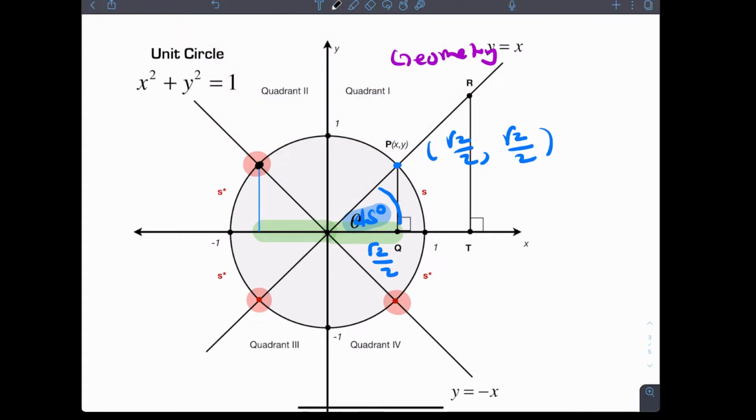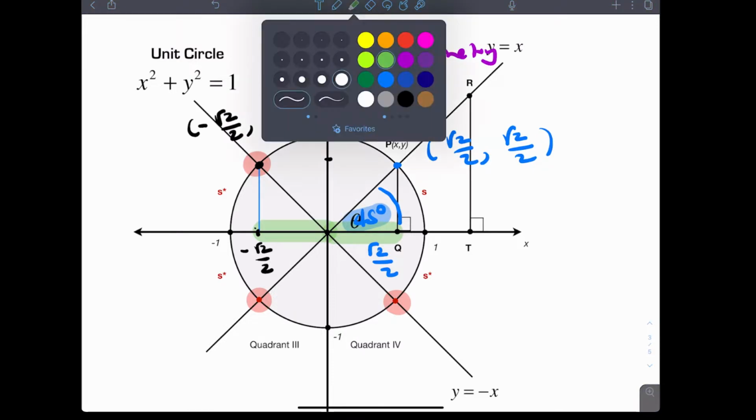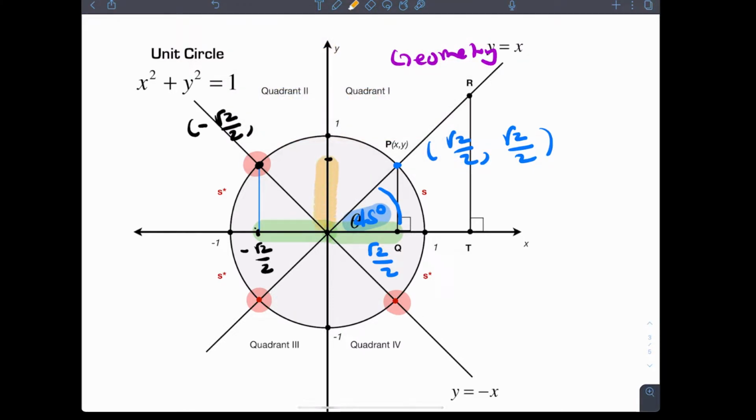what's the story here? X is minus the square root of 2 over 2. See this here? Any number here to the left of 0 is negative. Is that right? And then what about this distance here? How high is this? You might say, Mr. Judge, I don't know how high that is. Yes, you do. How high is that?